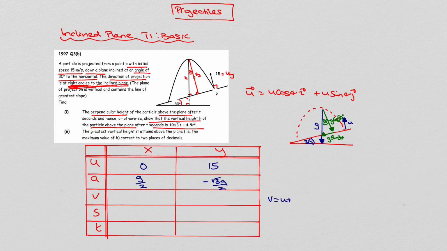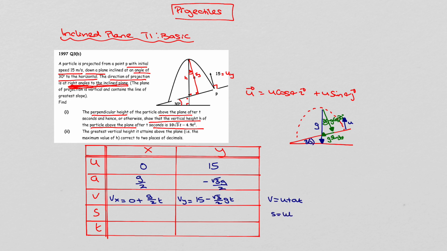Given that V is equal to U plus AT, that means that V in the X direction is going to be 0 plus G over 2t, and V in the Y direction then is going to be 15 minus root 3 over 2 gt.